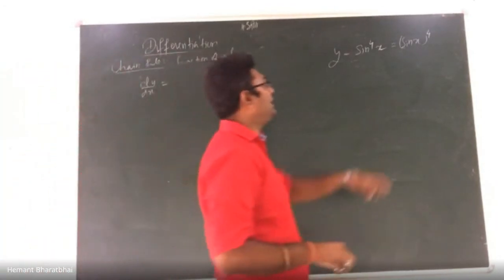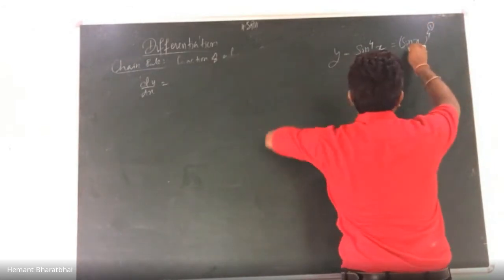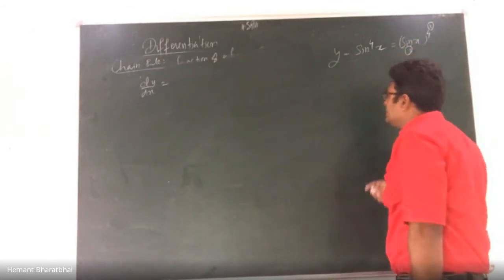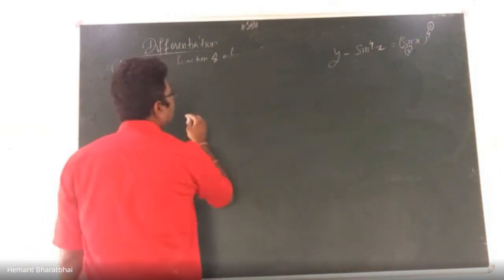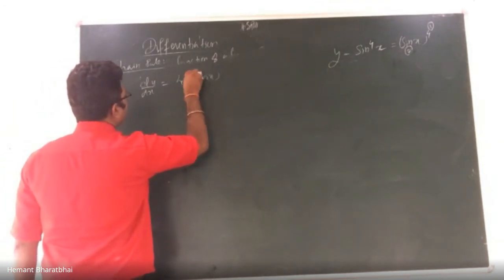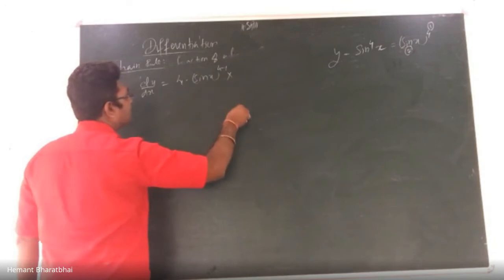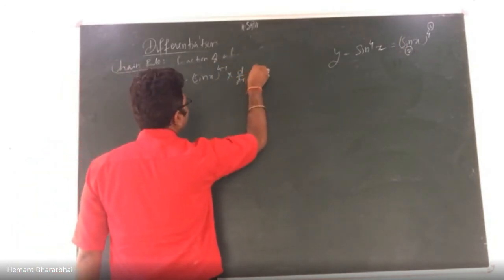So, I'll explain why I've written something like this. First I'll take the derivative of this, and then I'll take the derivative of this. The derivative of x raised to n is n into x raised to n minus 1. So that will be 4 into sine of x raised to 4 minus 1, into, next I'm going to take the derivative of sine x.